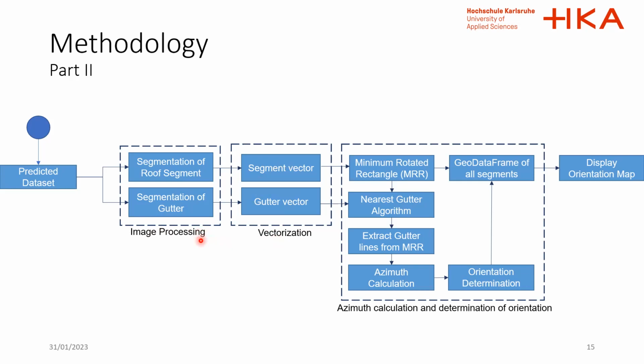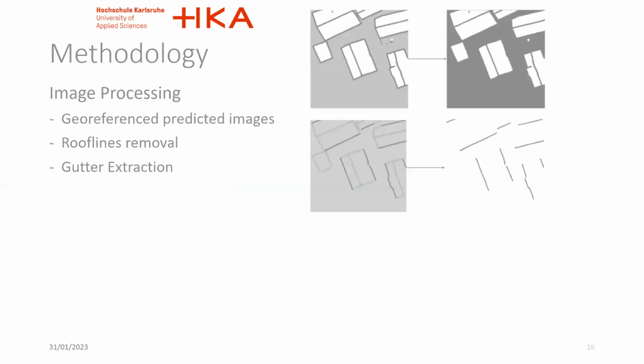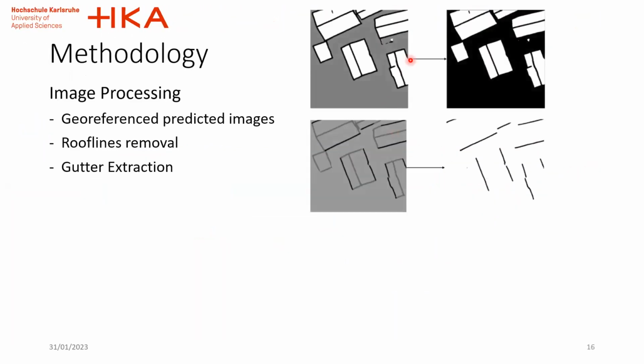We are going to convert that image into the vector form, and we will perform these activities: minimum rotated rectangle, and we will find the nearest gutter. We will use the nearest gutter algorithm, extract the gutter line from the minimum rotated rectangle, and then azimuth calculation, orientation determination, and add the geoframe of all segments and display the orientation map. We are going to show one by one.